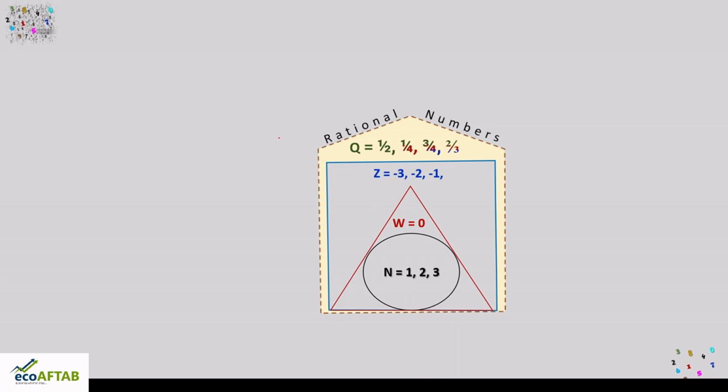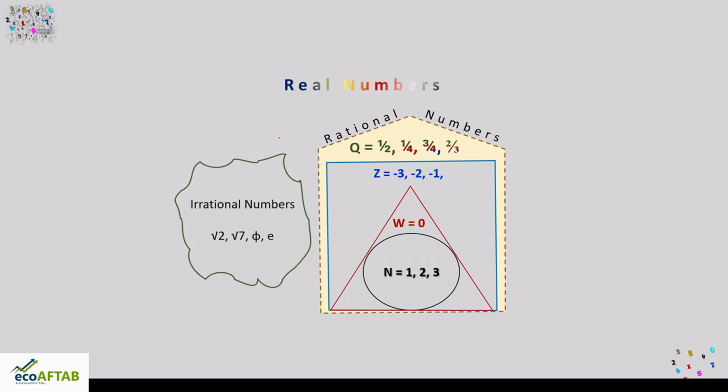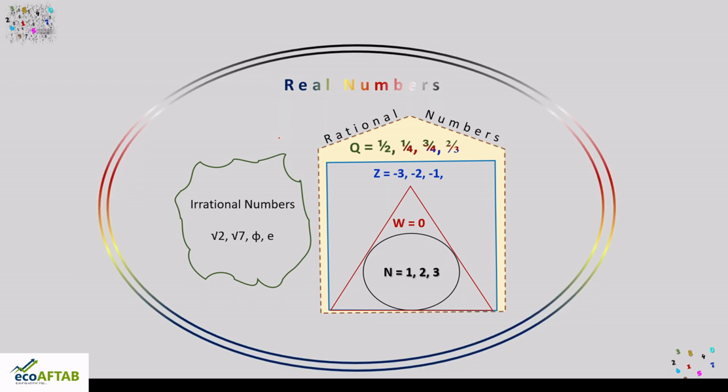rational numbers, and there is another set of numbers which we saw, which cannot be represented in the ratio form, that is P by Q. They are all irrational numbers, and both irrational numbers and rational numbers together, friends, become our real numbers.